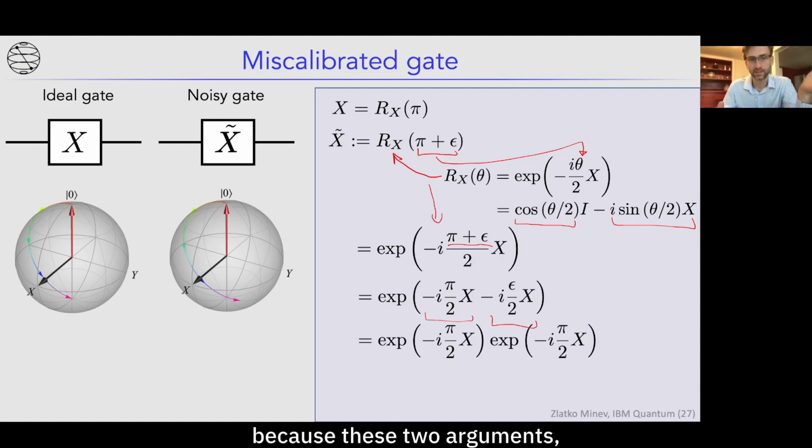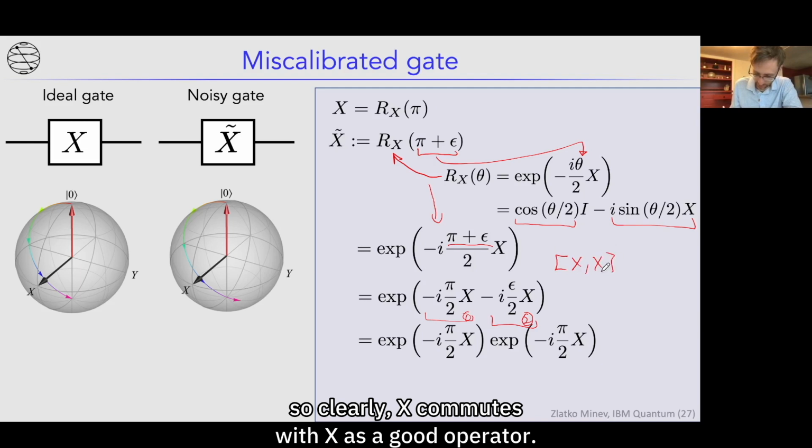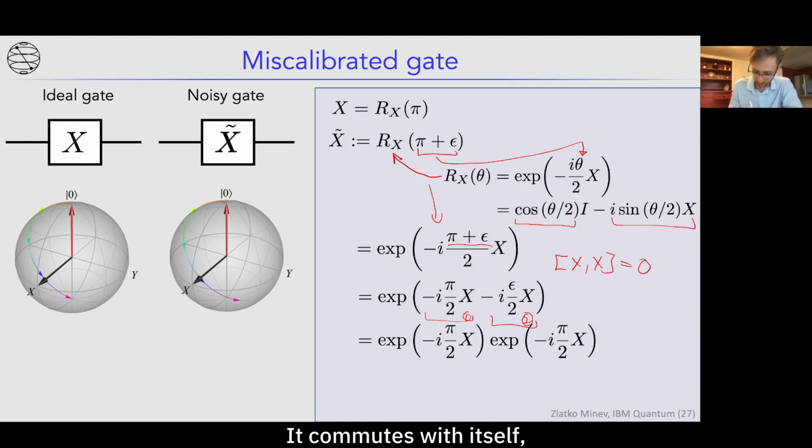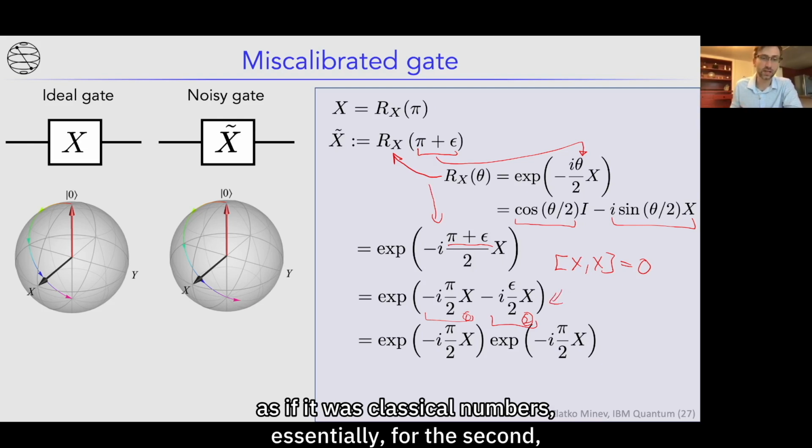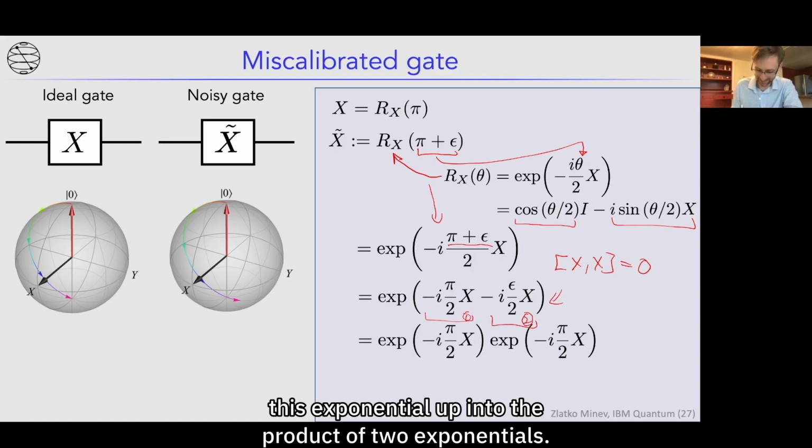Because these two arguments, the first here and the second, are proportional to the same operator X, those arguments commute. So clearly X commutes with X as a good operator, it commutes with itself, and therefore we can just treat this expression as if it was classical numbers, essentially, and so we can break this exponential up into the product of two exponentials.